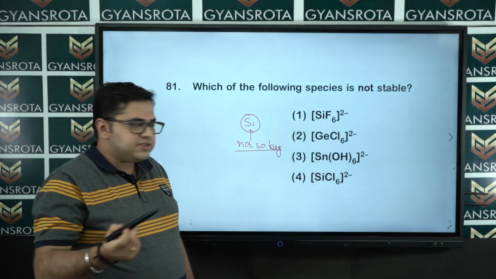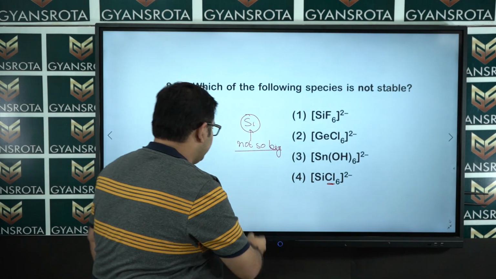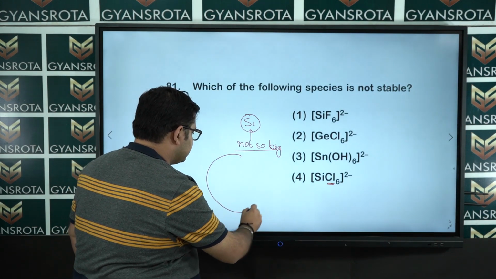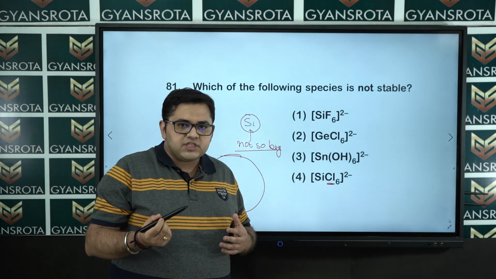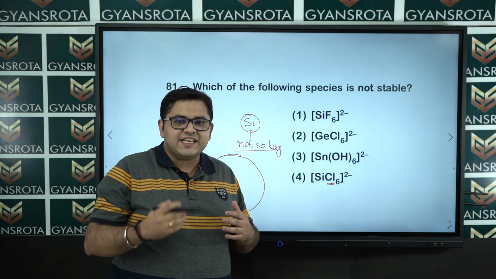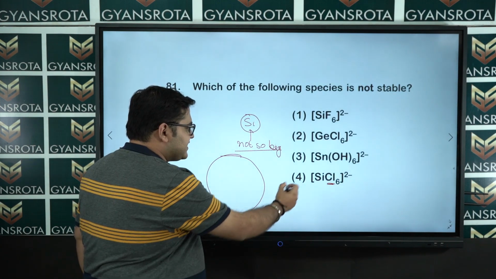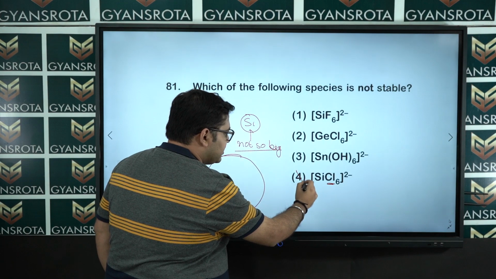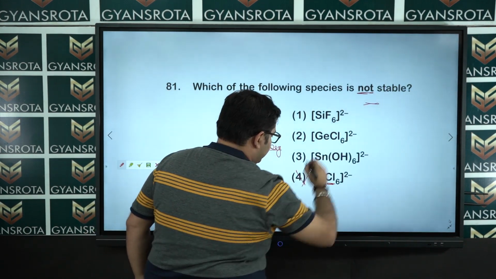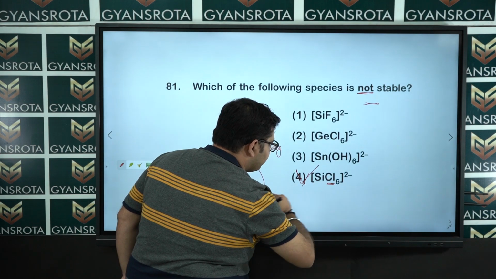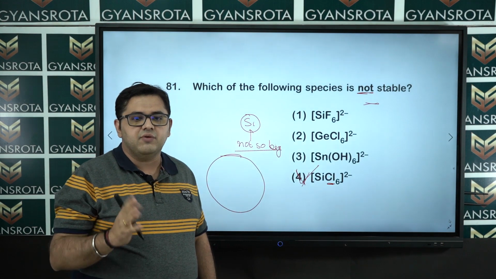In the options, Cl6 has a very large size, so it is not possible for silicon to accommodate 6 Cl minus ions. As a result SiCl6 is not stable, and they are asking which is not stable, so your correct option is option number 4. So 4 is the answer of question number 81.